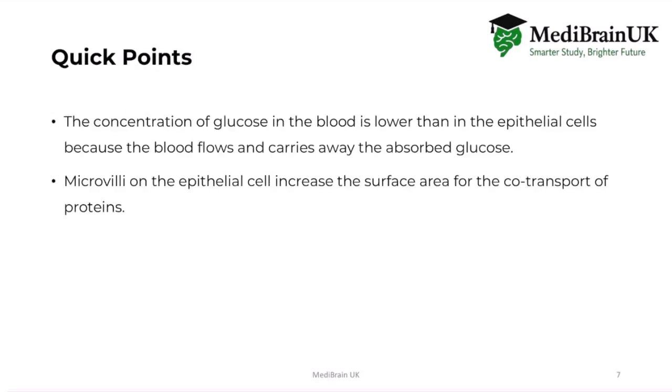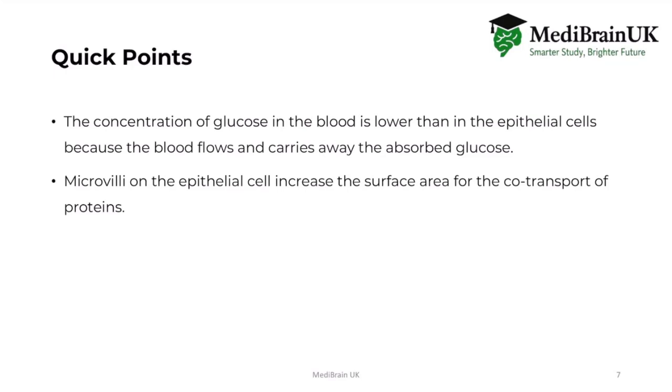And a final point to mention is that on the epithelial cell, you also have microvilli. The reason, and you've looked at this at GCSE, is that the microvilli increase the surface area for co-transport to take place.